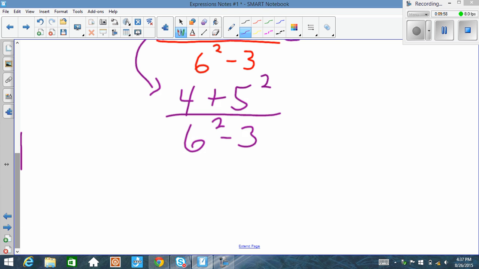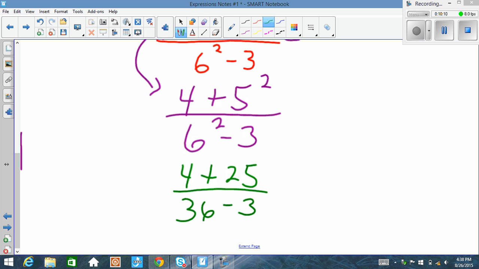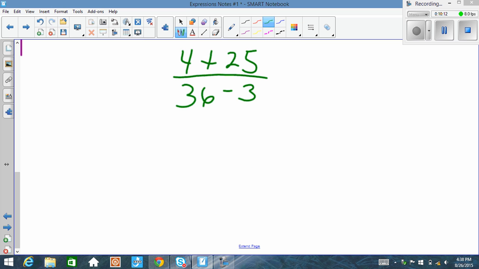So we would end up getting 4 plus 25, because 5 squared is 5 times 5, and 6 times 6 is 36, minus 3, and if we keep going from there, 4 plus 25 is 29.